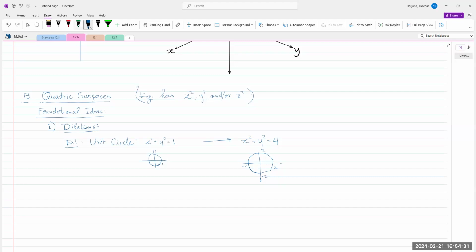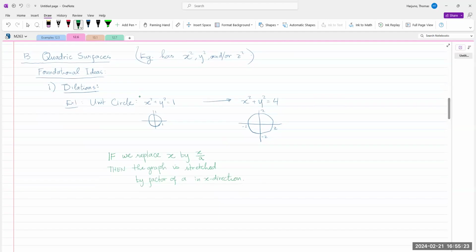If we replace x by x over a, then the graph is stretched by a factor of a in the x direction. Likewise for y.